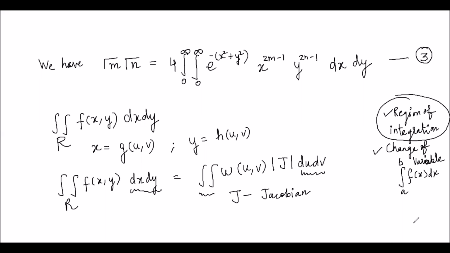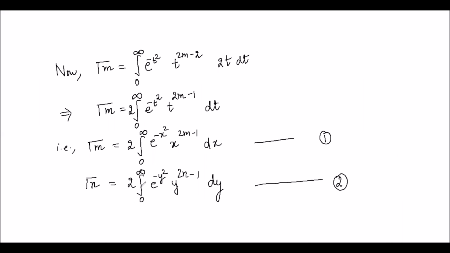1 and 2. You will feel that there is something similar in these equations 1, 2 and 3. Here we have e raised to power minus x square. Here we have x and 2m minus 1. And here we have m.